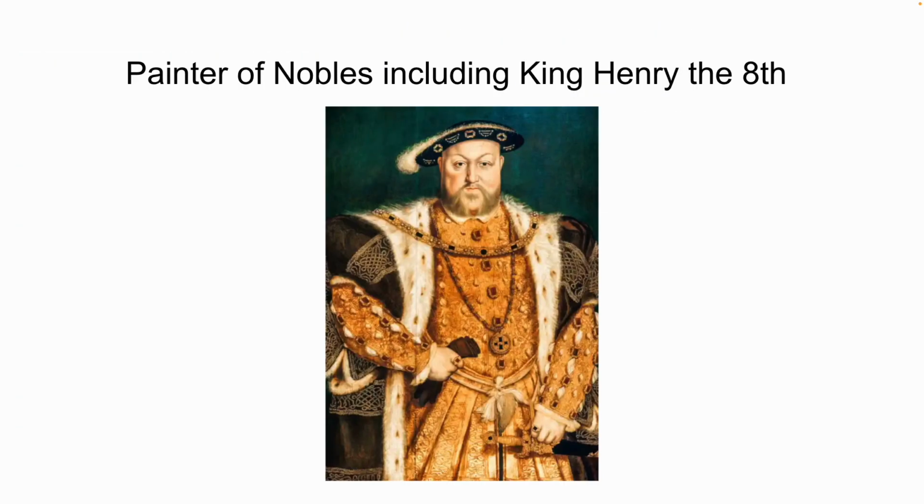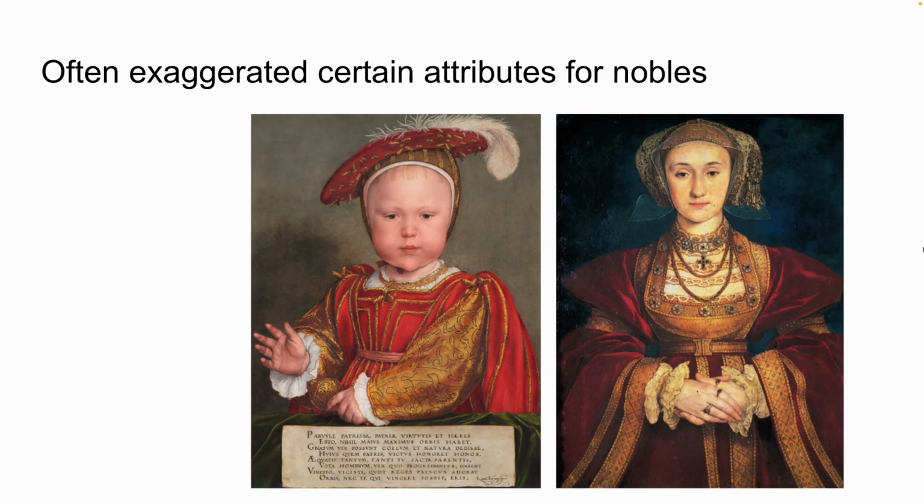So like I said, he was a painter of many nobles, including King Henry VIII. He did actually paint King Henry's 4th wife, and she was actually chosen by King Henry VIII based on the portrait that Hans made for her.